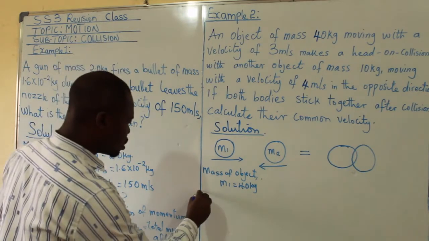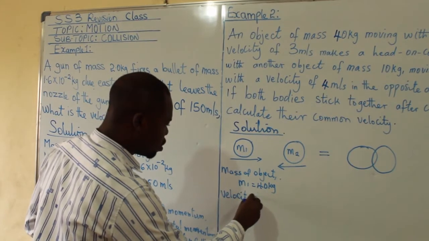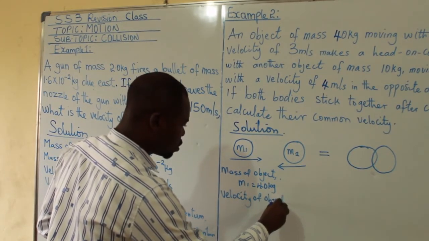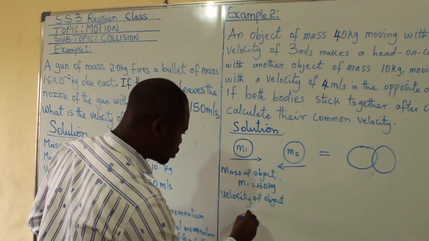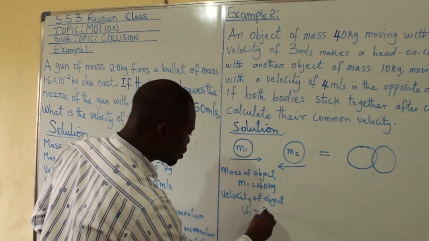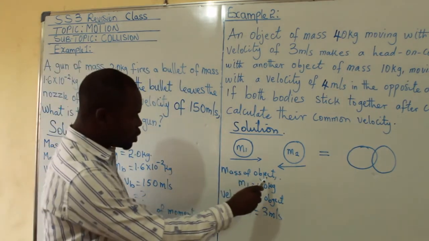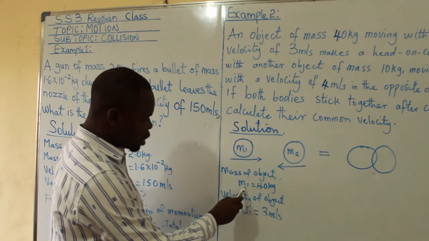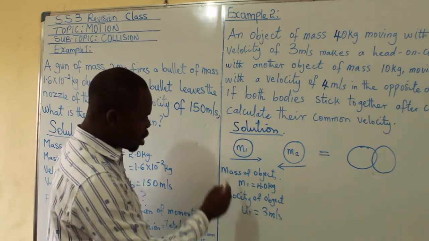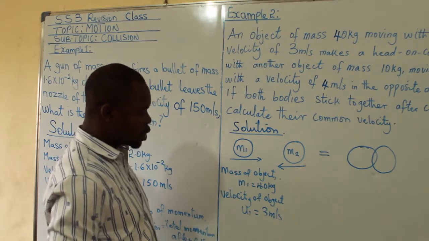Then velocity of object 1, let's call that U1, equals 3 meters per second. Mass of object M1, that is 40 kilograms. Velocity of object M1, that will be U1, equals 3 meters per second.